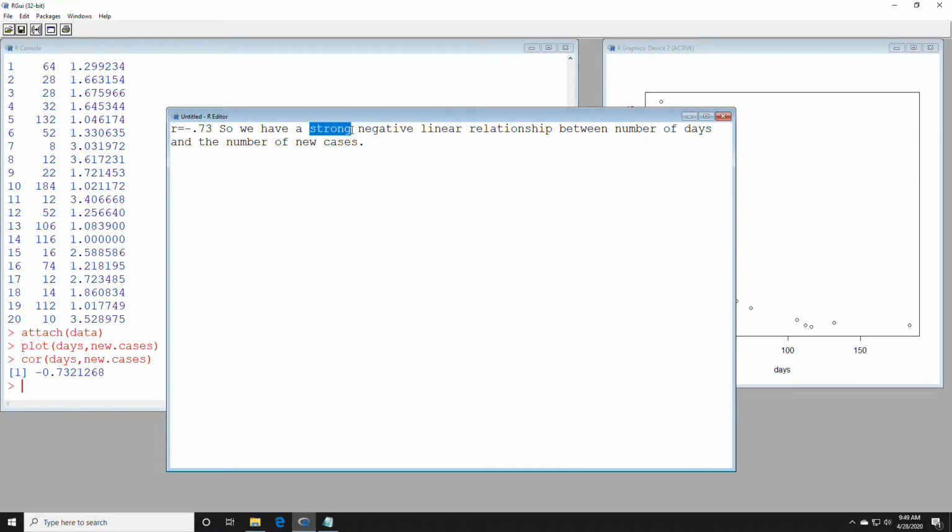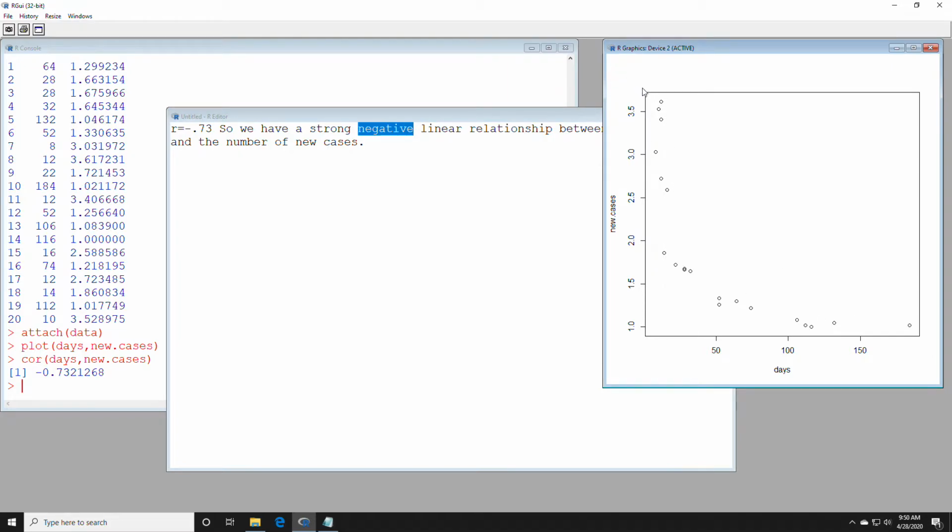Okay, the strong, if you remember, I gave you a rough subjective scale that said basically, 0.6, 0.7 and above is going to be strong, either toward 1 or toward -1, right? And this is negative. So the only difference is that we have the word negative here instead of positive. If this was a positive 0.73, then we would just have a strong positive relationship, and instead of looking like a downtrend, the scatter plot would look like an uptrend of some kind, okay?